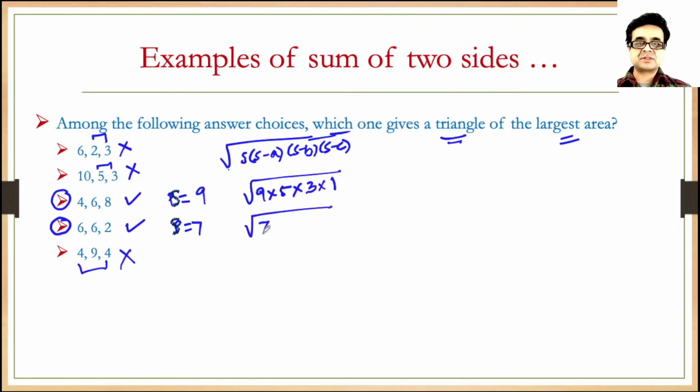Similarly, for the other, this looks like 7 multiplied by 7 minus 6, which is 1, multiplied by 7 minus 6, which is 1, multiplied by 7 minus 2, which is 5. As you can obviously see without any more calculation, this area will be larger than this area. So the answer to this question would be choice C.